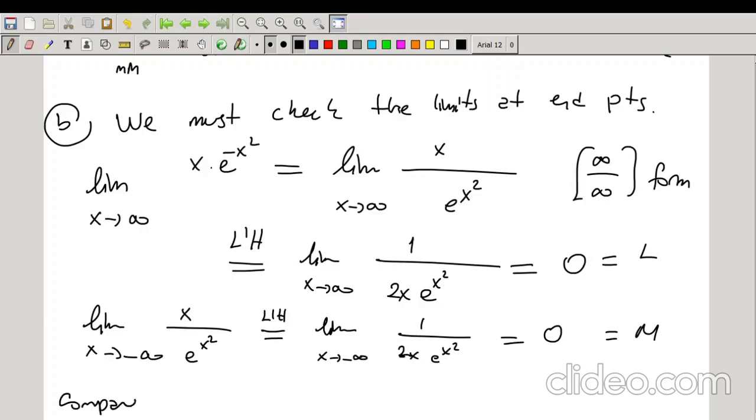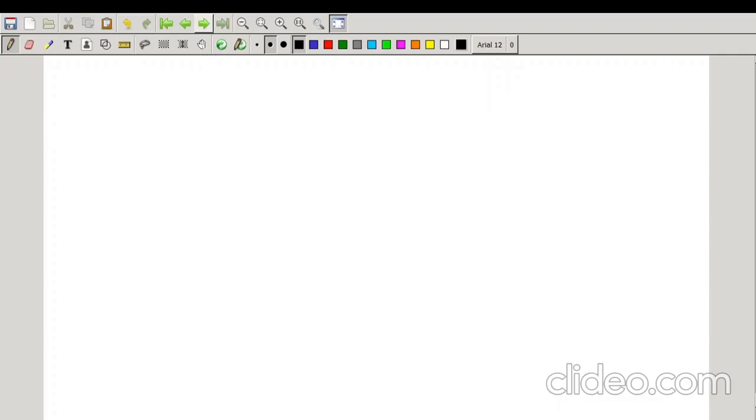Compare L and M with f of minus 1 over square root of 2 and f of 1 over square root of 2. You understand that these are the limits of f at the right side and the left side, L and M respectively, and you must check if one of them is greater than 0.